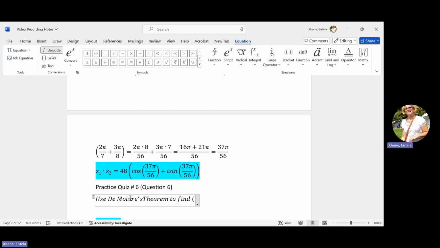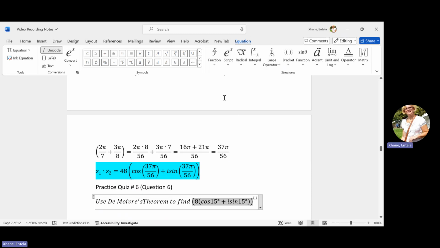I'm writing this as it is so you can understand exactly how to operate with this. Plus i sine of 15 degrees, and then this has to be raised to a power 3.